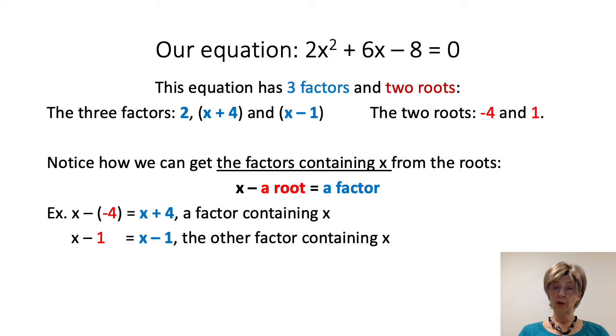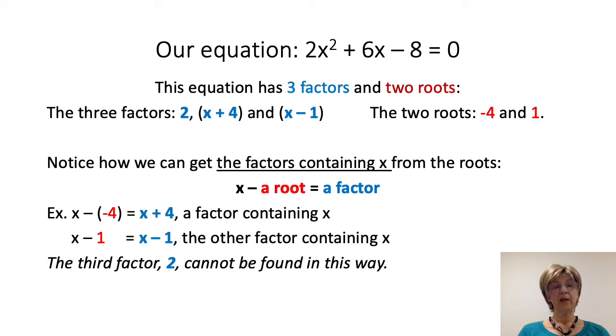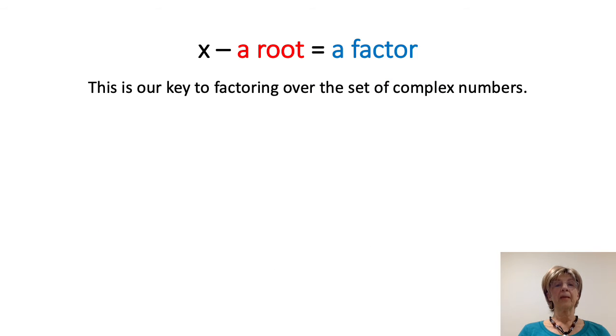X minus 1 equals x minus 1, which was the other factor containing x. The third factor, 2, cannot be found in this way. You're going to be learning how to find the factors that contain x. So there you have it. X minus a root equals a factor. This is our key to factoring over the set of complex numbers.